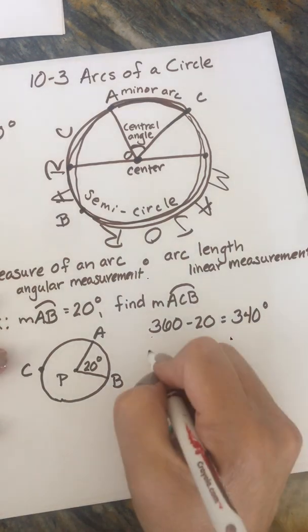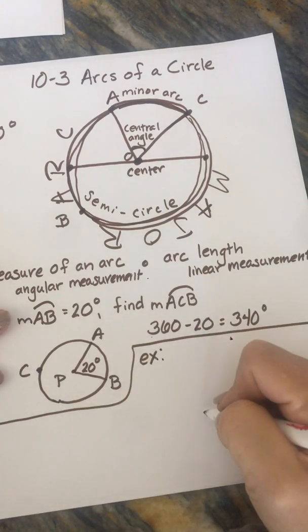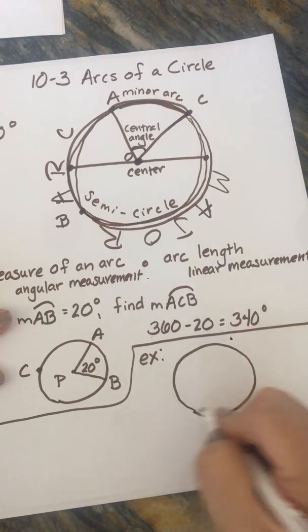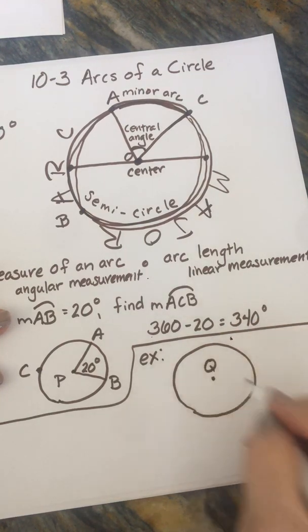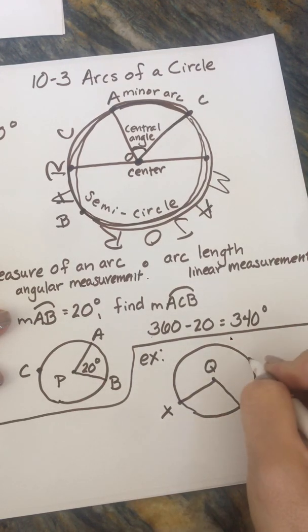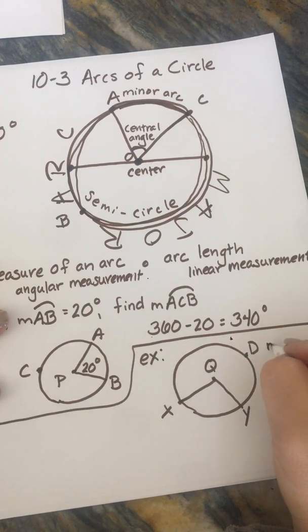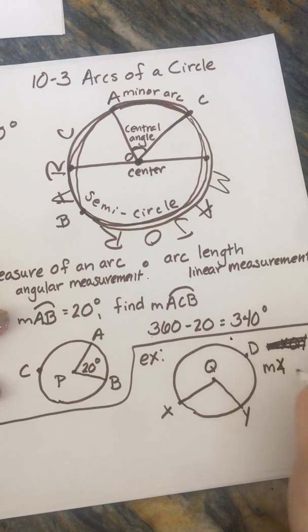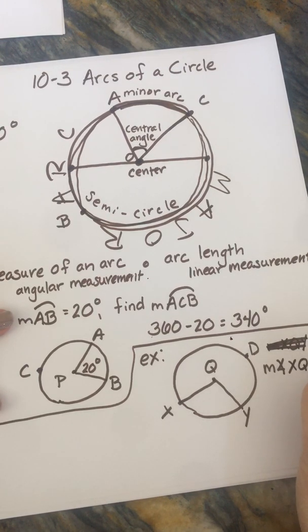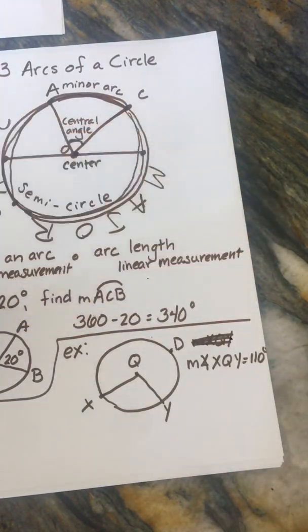All right, let's look at another example. I'll just draw a line here because it's not going to be a big example. Let's say we have this circle here, and this is circle Q, and we've got X and Y, and this is D. And let's say that the measure of angle XQY equals 110 degrees.